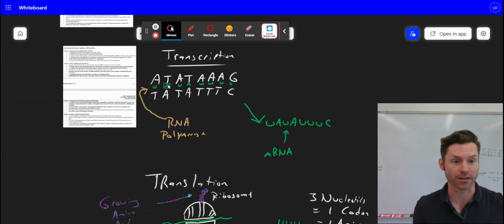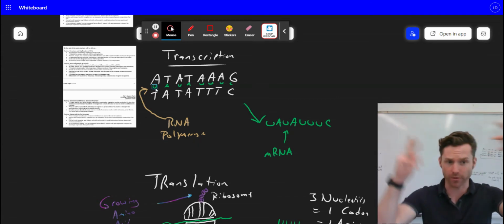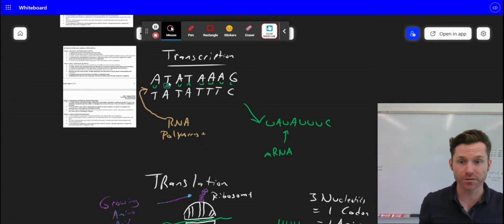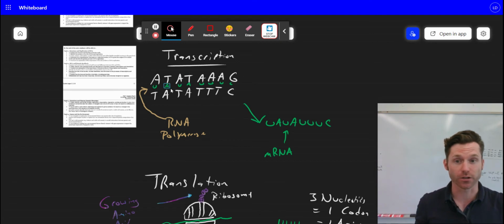There's a coding side, and it reads it. So when this RNA polymerase opens this up, it will read A, and it will collect a U from the environment around it. It moves down, and it will read a T, and it will collect an A. Moves down, reads an A, will collect a U, and so forth and so on, until it's built this whole mRNA.